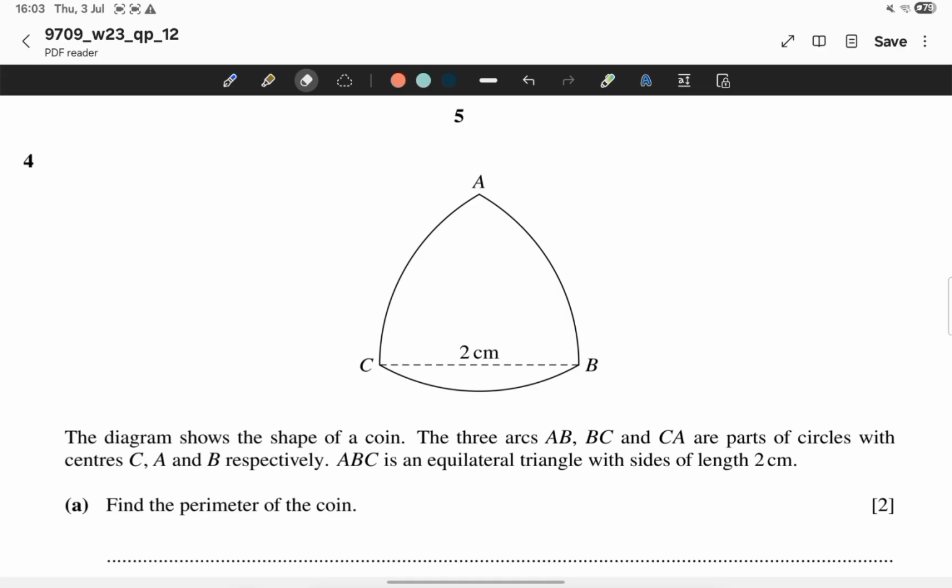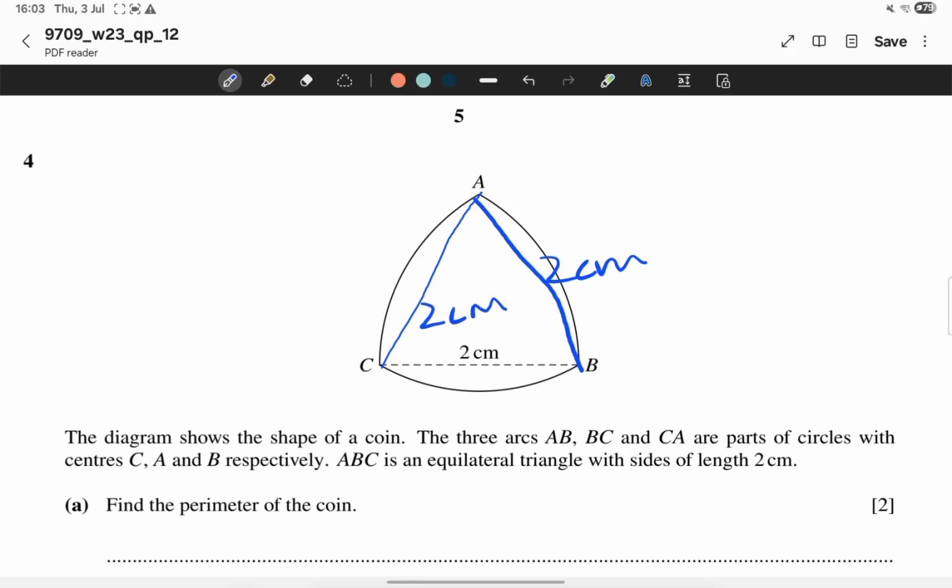So we need to show the triangle ABC, which they said is an equilateral triangle. Okay, let me draw it a bit neater. Okay, so these sides are 2 centimeters each, right?